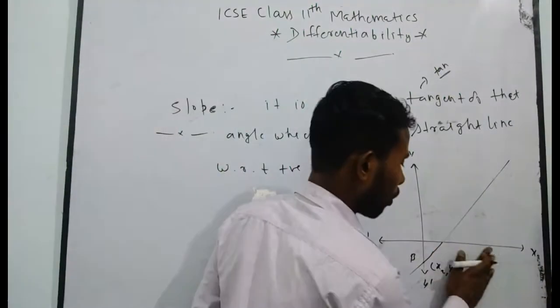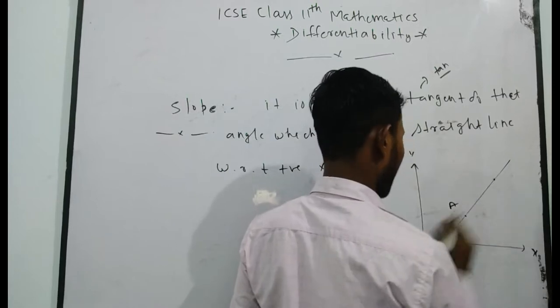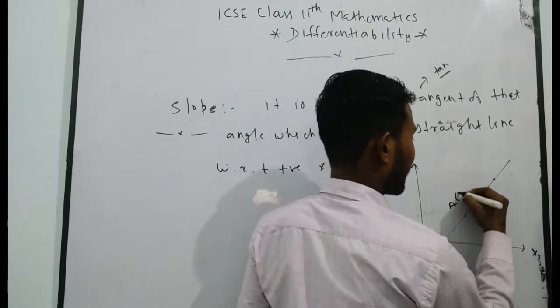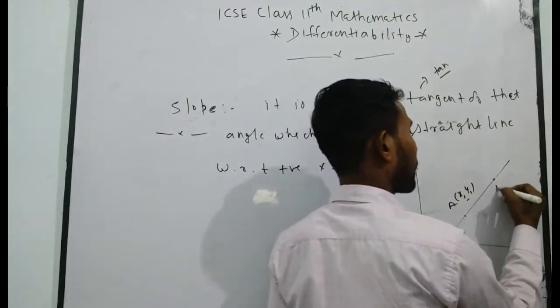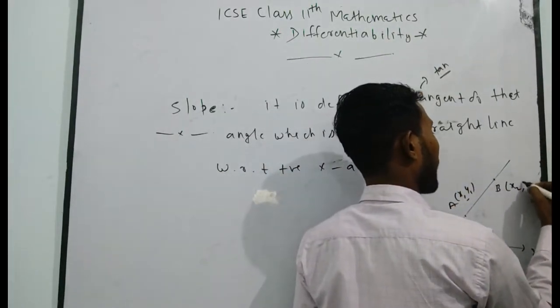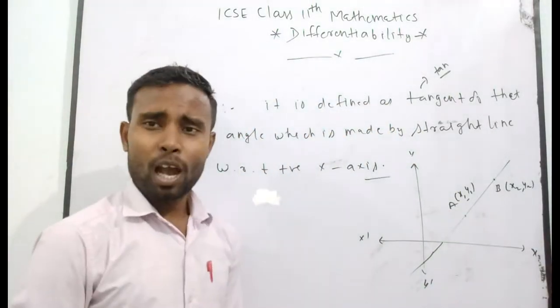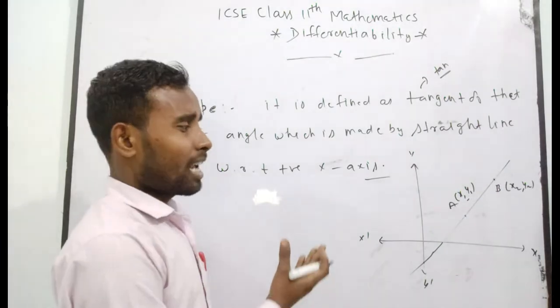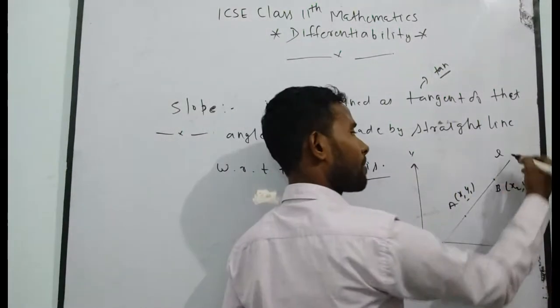If you don't like it here, you can take them anywhere. Now if anyone asks you what the slope of AB is, how can you find the slope of this straight line, that is, line L?